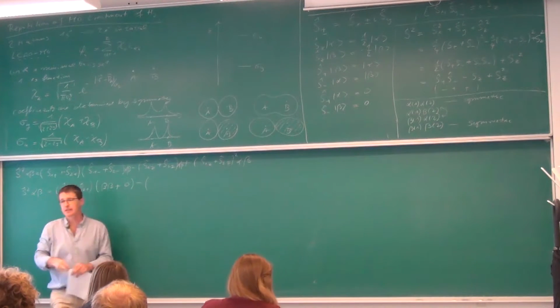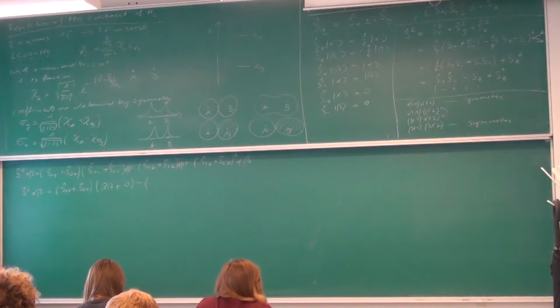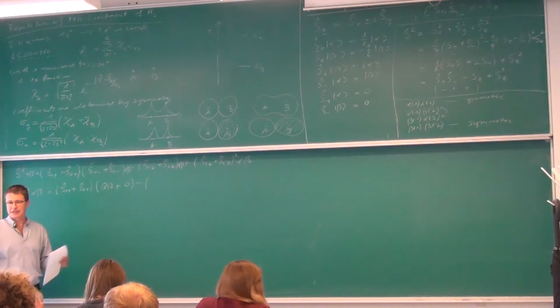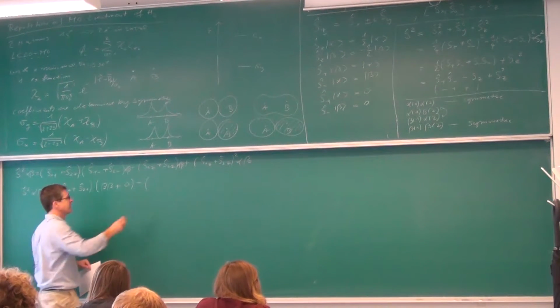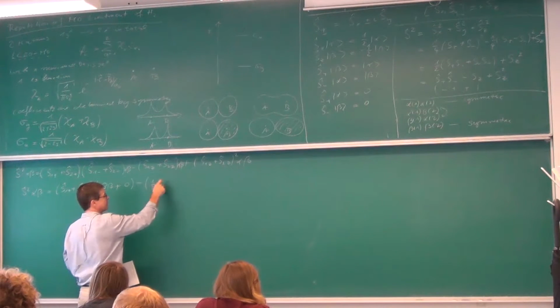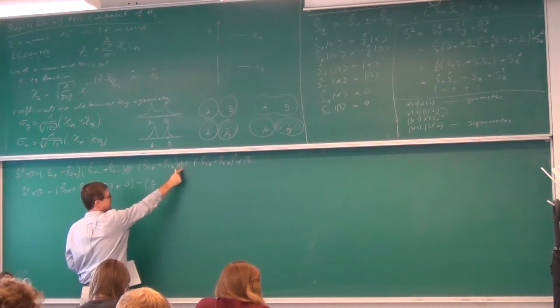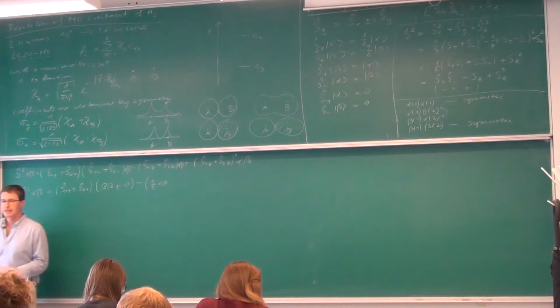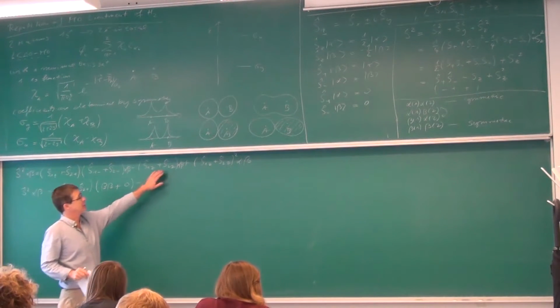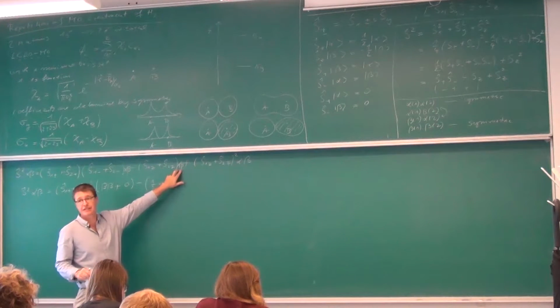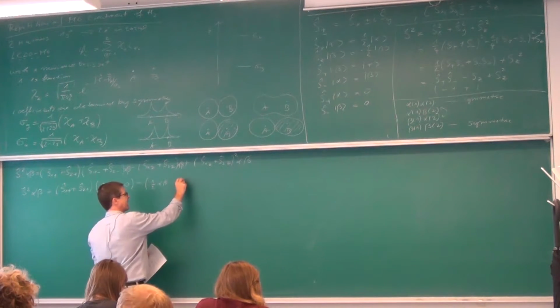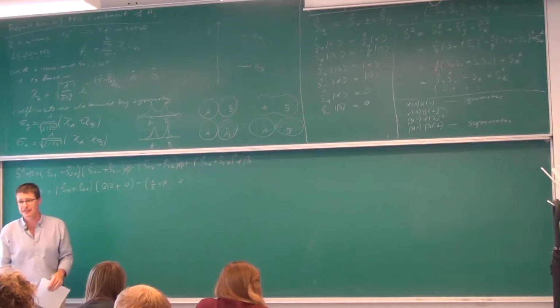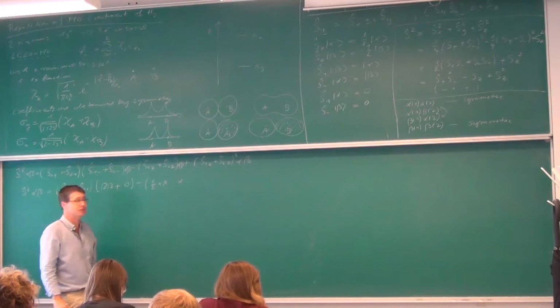Minus S1z on alpha gives alpha back. That's a half, and I get the same function back, and then nothing is going to act on this one, so I get alpha beta. Now we let S2z act on this, so I definitely get alpha back for electron 1, because that's not doing anything.